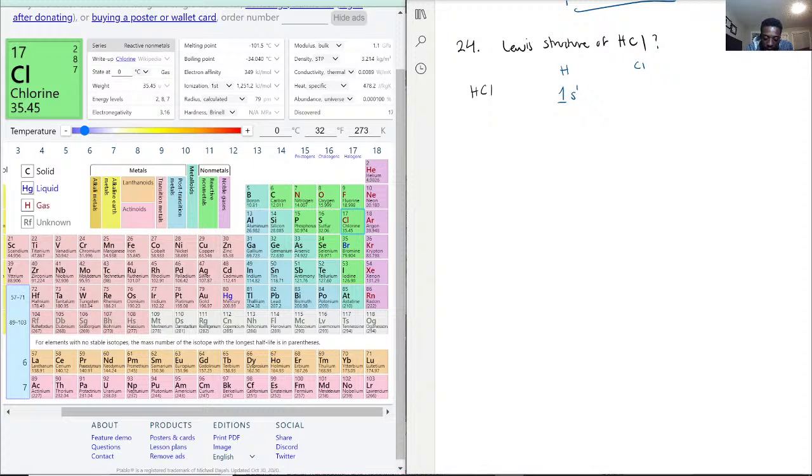Alright. We have, starting at neon, it's going to be 3s2, 3p5. Remember, we add these together and we have 7. So 7 valence electrons and 1 valence electron. So you can kind of put it together that in total is going to be 8.